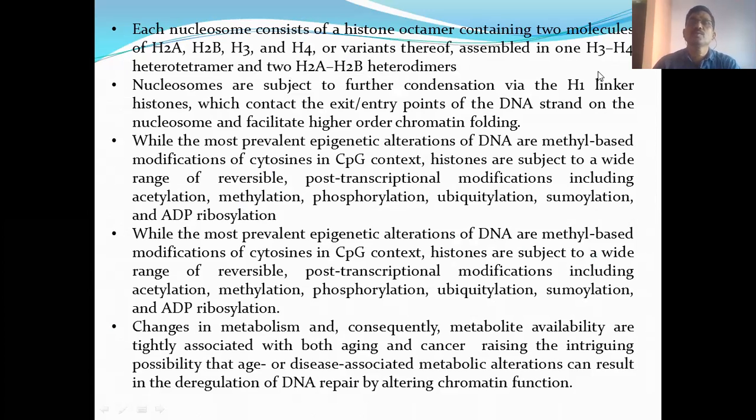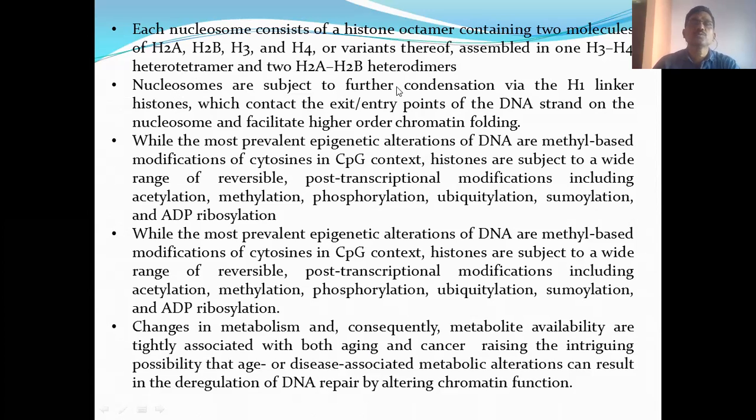Here what actually happens is that H3 and H4 assemble in one heterotetramer, and two H2A and H2B form the heterodimer, because H2A and H2B are present in dimer form. Dimer form means the same form but in two groups. But histone proteins H3 and H4 are always found in the heterotetramer. Heterotetramer means that they are different.